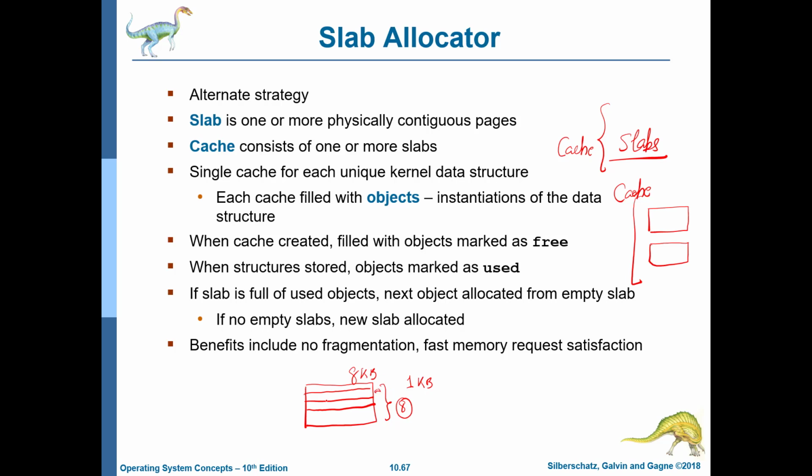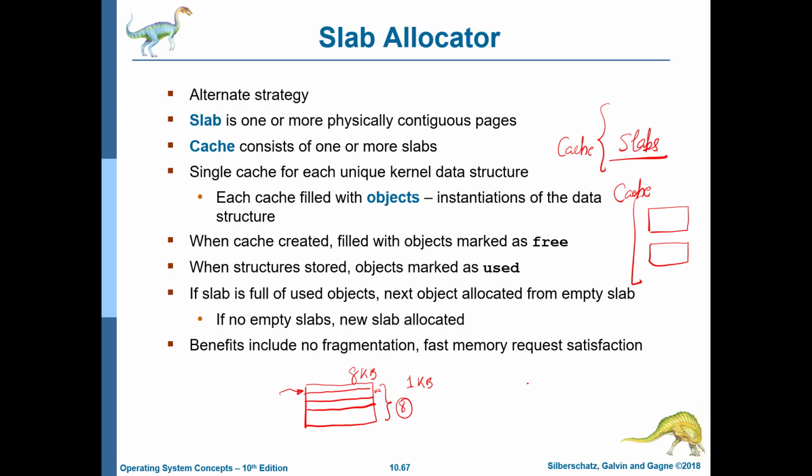And if we store a structure here, we have external metadata along with each slab, which indicates if the current object is used or unused. Unused basically means you have the space for it, but this space is not being used as an active object.